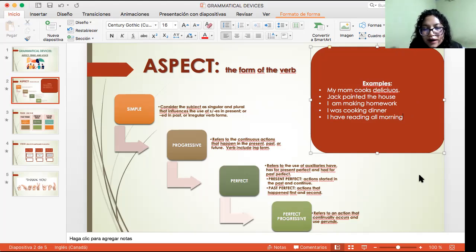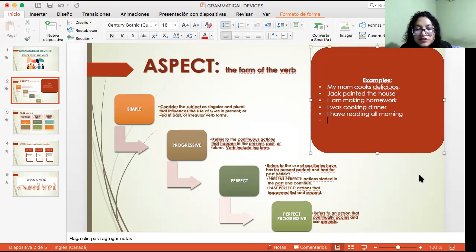The past perfect refers to actions that happened first and second. These refer to actions in the past, but establish the difference that the first action happened and then the second action. Here there is an example to explain better.